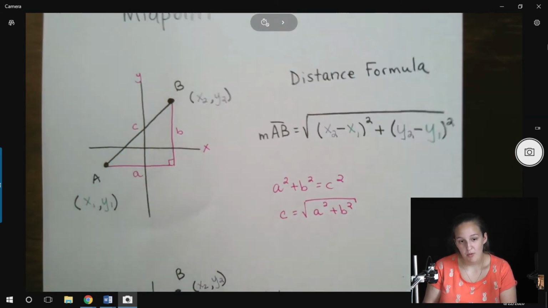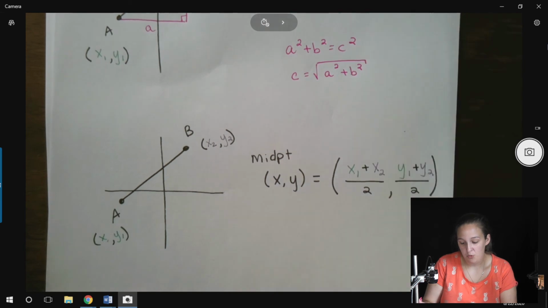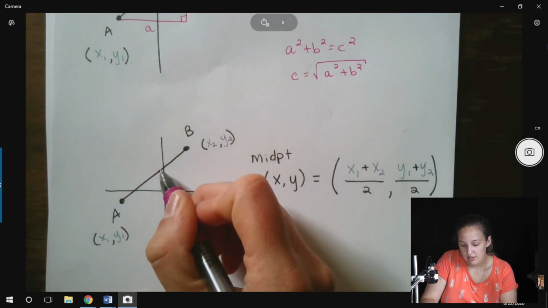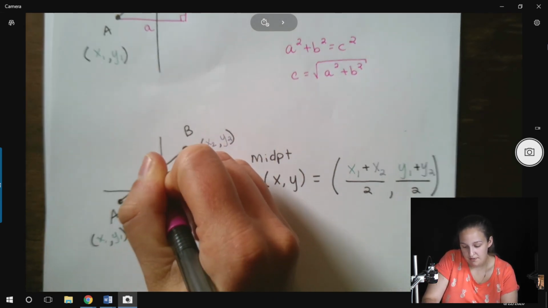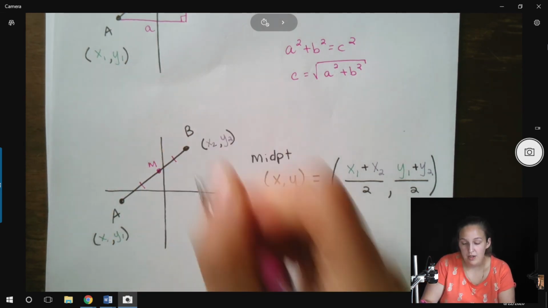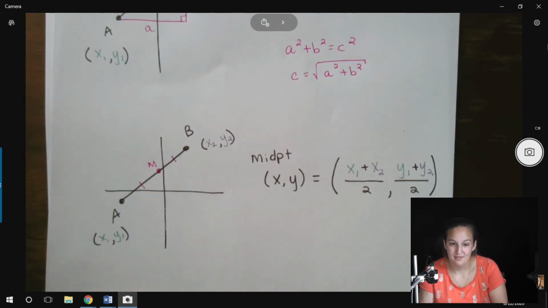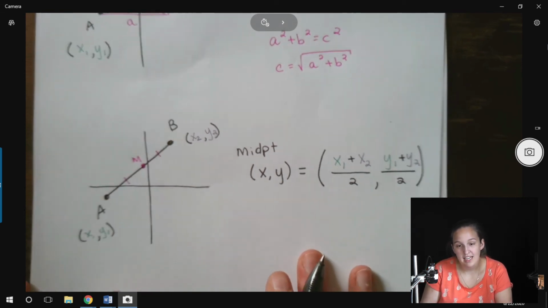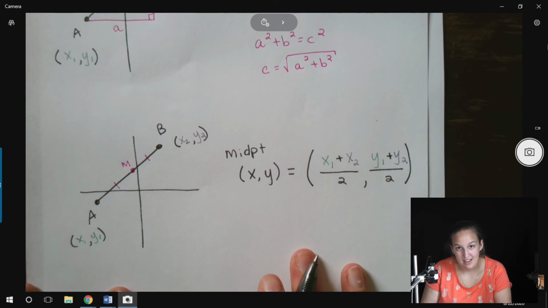For the midpoint, you want to find where it's going to be, probably around here, right? You're trying to find where this segment is going to be congruent to that segment. One way to do this is by looking at the mean, the average.